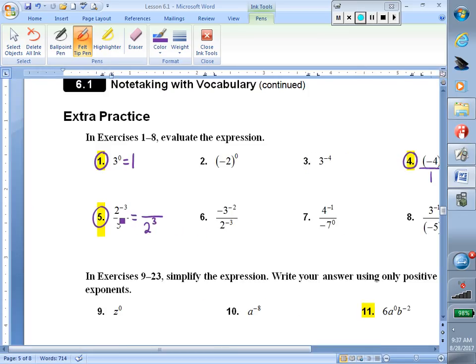Then I look in the denominator and I have a 5 to the 0 power. 5 to the 0 power really becomes 1. My numerator is not empty, I put a 1 in there. Anything times 1, multiplying by 1 doesn't change anything. So I end up with 1 over 2 to the 3rd, which is 8.